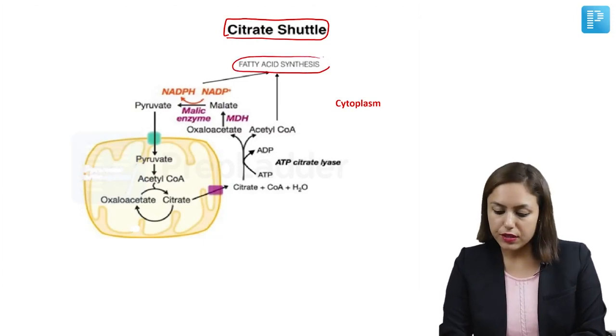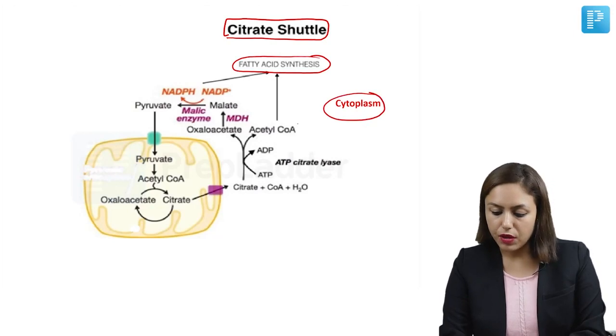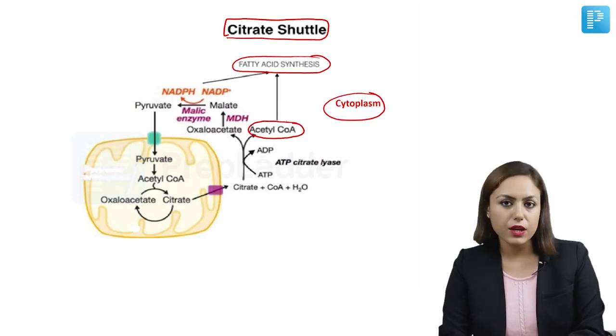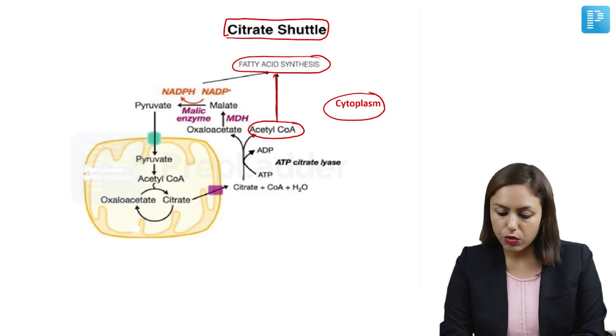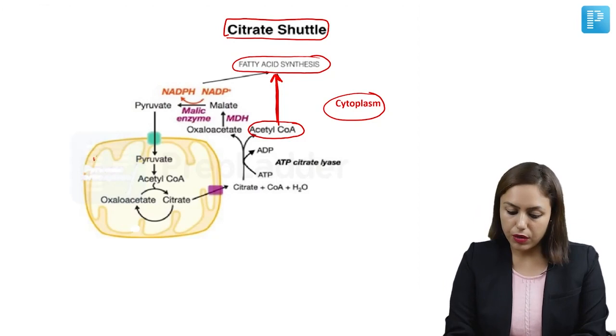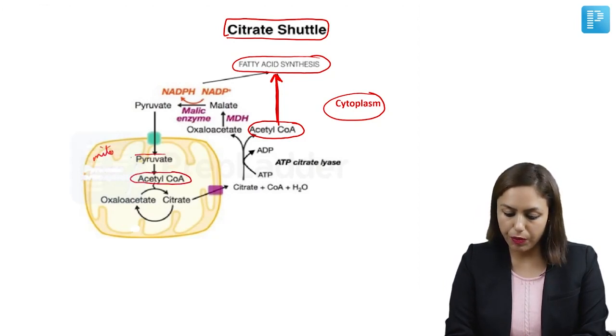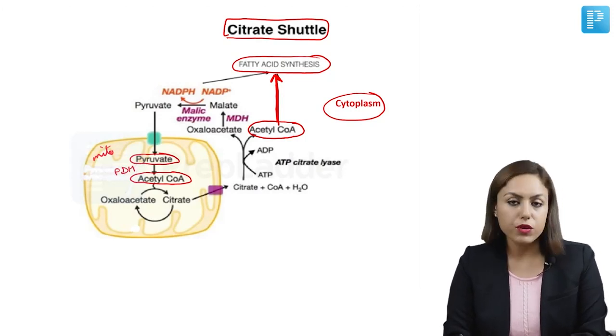Fatty acid synthesis occurring in the cytoplasm requires acetyl-CoA in the cytoplasm so that it can take part in fatty acid synthesis, right? But in mitochondria, this acetyl-CoA is formed from pyruvate via the link reaction. The enzyme is pyruvate dehydrogenase.